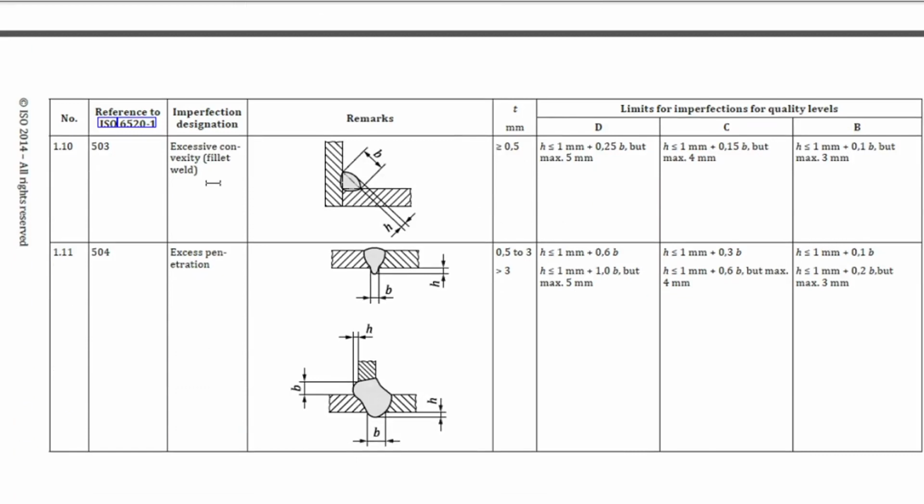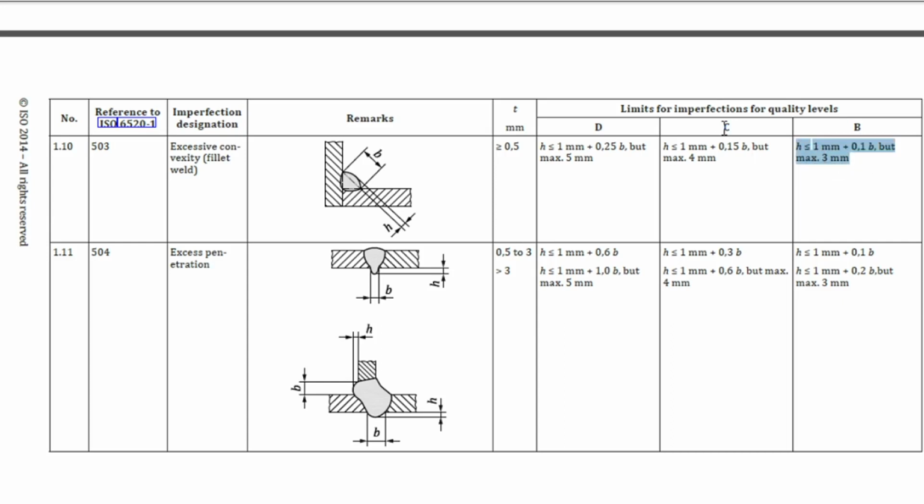Another welding defect is excessive convexity. This happens for fillet welds. When we do fillet welds, we see excessive convexity. If the thickness is greater than or equal to 0.5 mm, for quality level B we need to follow height less than or equal to 1 mm plus 0.1 b, but maximum 3 mm only.